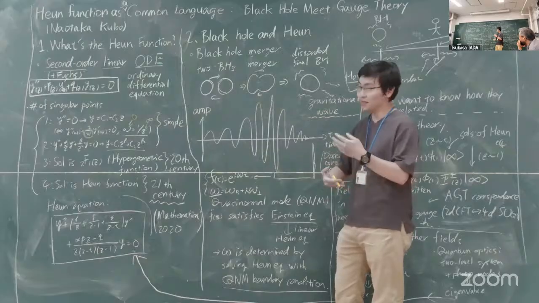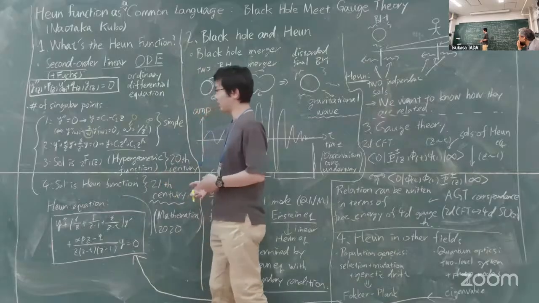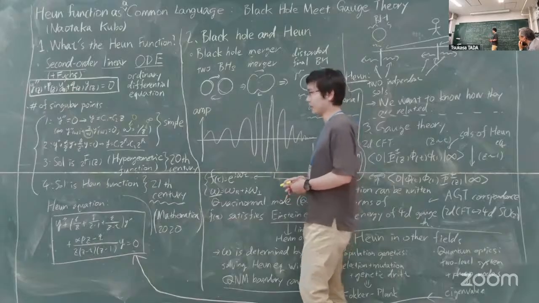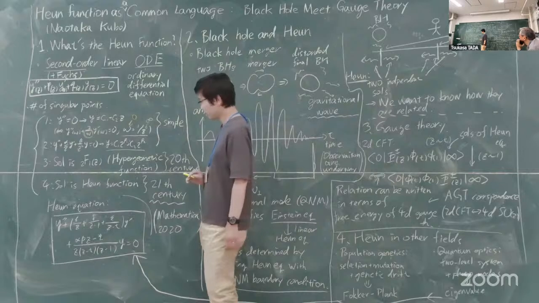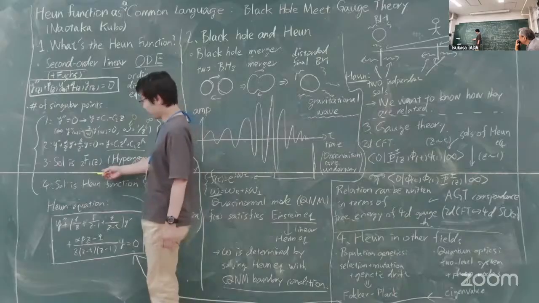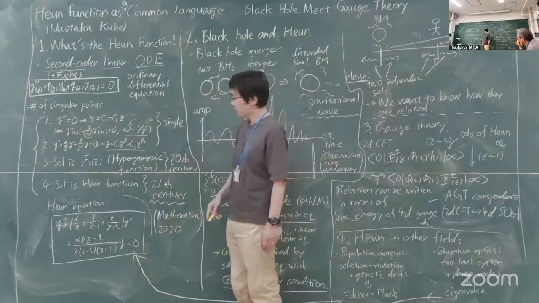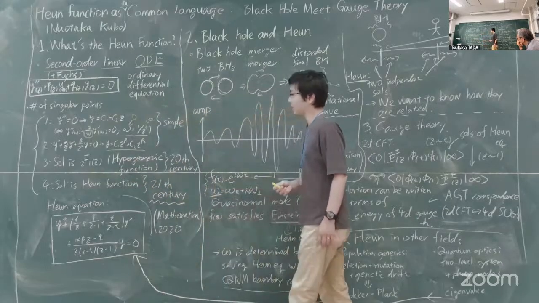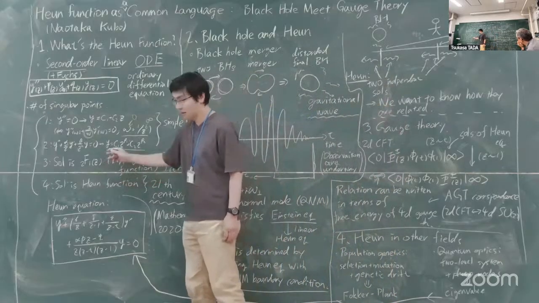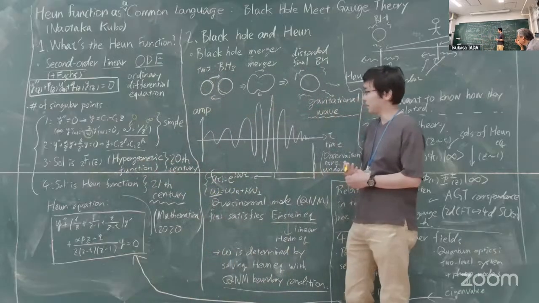Then the situation drastically changes, and we can't write general solutions in terms of fundamental functions. Now it is known that the solution is called the hypergeometric function. It's like this. And in the previous century, this hypergeometric function was studied.